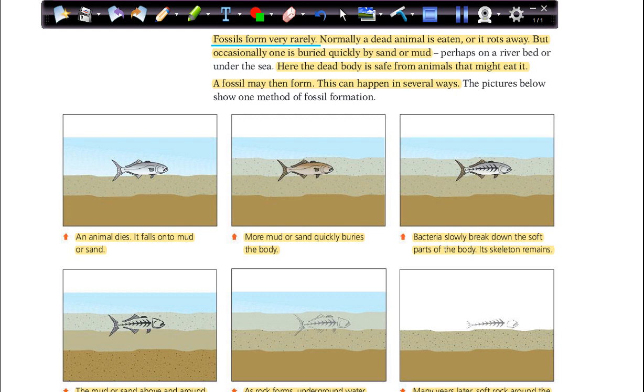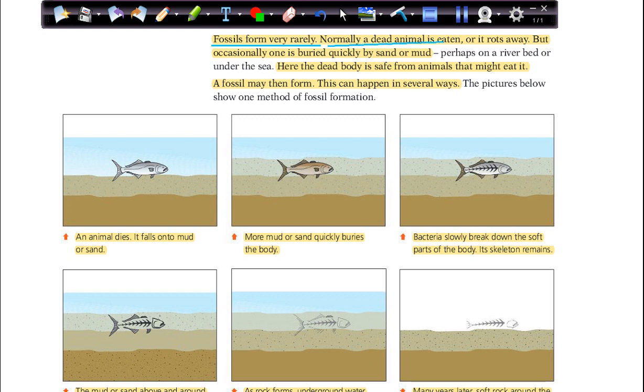Because we all know that if an animal or plant is dead, other animals or creatures will eat it. So if they got preserved under the ground for millions of years, away from other creatures, they could fossilize and turn into fossils over years and years.